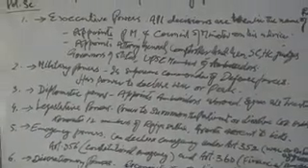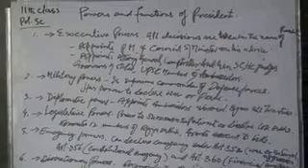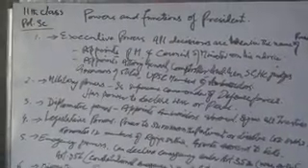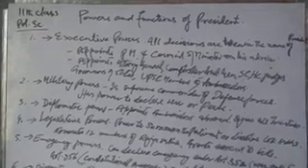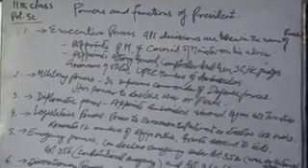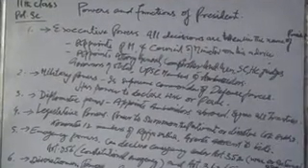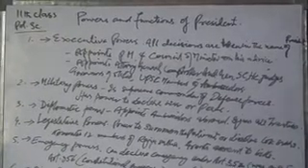For that, he appoints ambassadors abroad. He receives papers from diplomatic envoys of other states, and all the treaties and international agreements are signed in the name of the President.